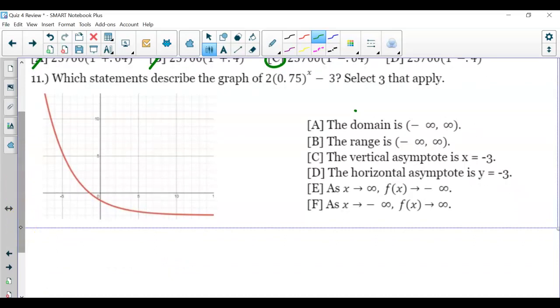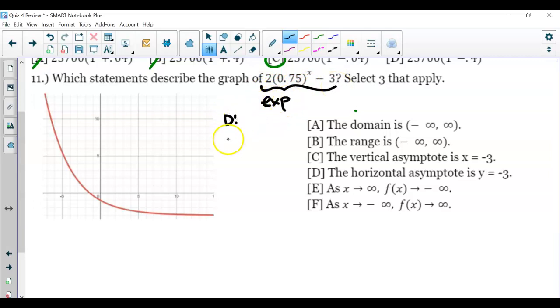Now, question number 11. We're going to select 3 statements that apply here about our exponential. Notice how we have an exponential. So here, whenever you have an exponential with your domain and range, well, what is all reals? The domain is all reals. So A is one of our answers, not B. Then really nothing else is about the range.